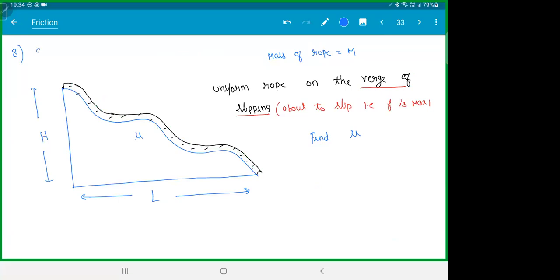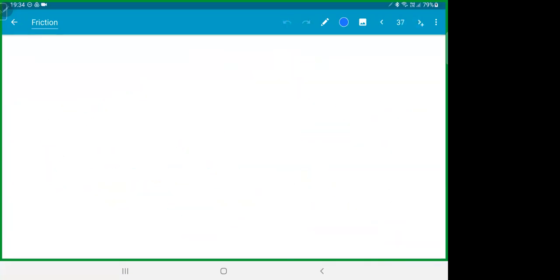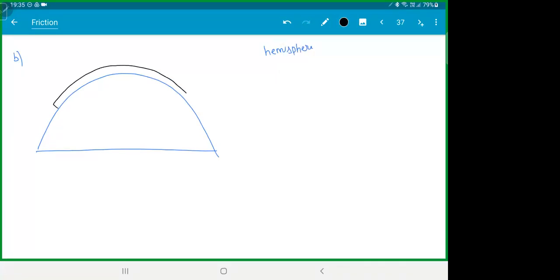So 8a, let's make it a part of this only. Let's say the semicircle, hemisphere. And you have a rope here. This angle is 60 degrees.